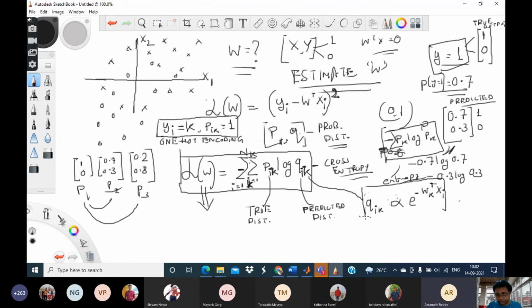The e power plus, there will be plus, right? Consider the logistic function, the sigmoid function. Yeah, sorry, it's not minus, it's plus. Correct. Thank you.